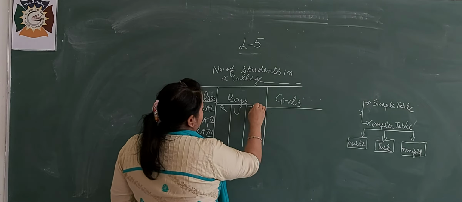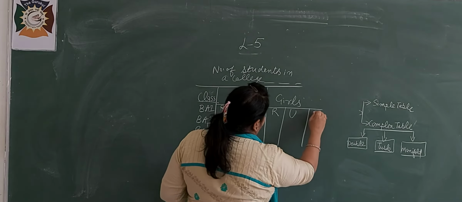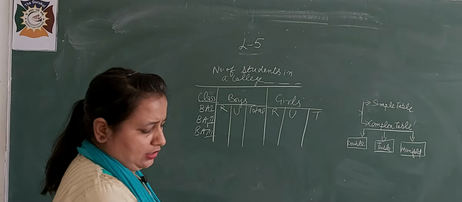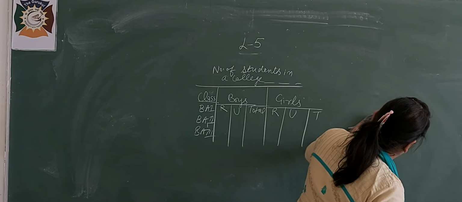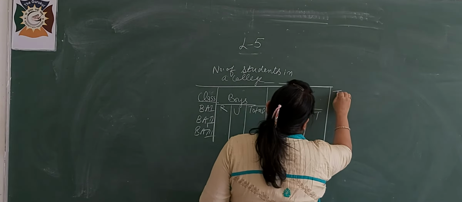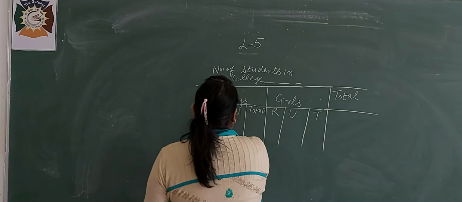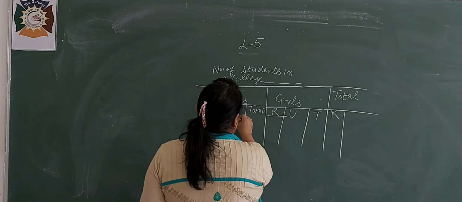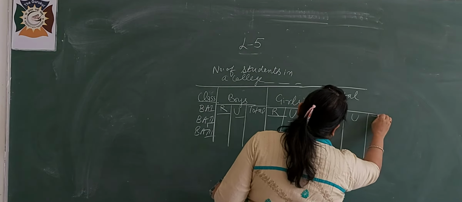Then again rural, urban and total. After that I will take total, because boys and girls are given, we have to do the total also. It means the total of this rural and this rural, total of urban and urban, and what is the total.